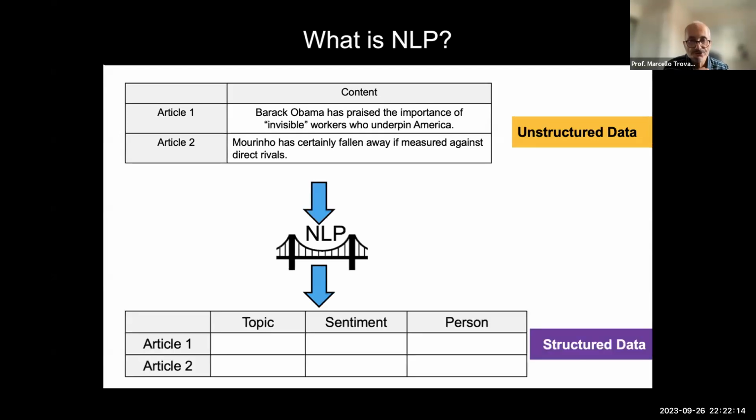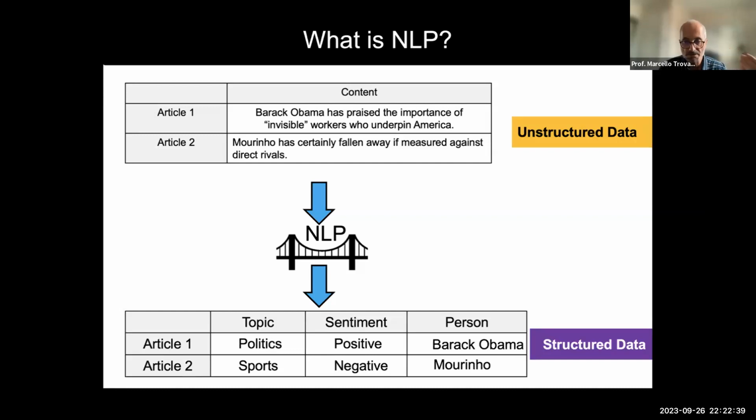So what we're trying to do is have methods that will extract specific information, such as the topic. The first one is politics. The second one is sport. Then sentiment. The first one is positive. We're talking about Barack Obama in positive terms, whereas the second article is in negative terms. And so we can identify the person.